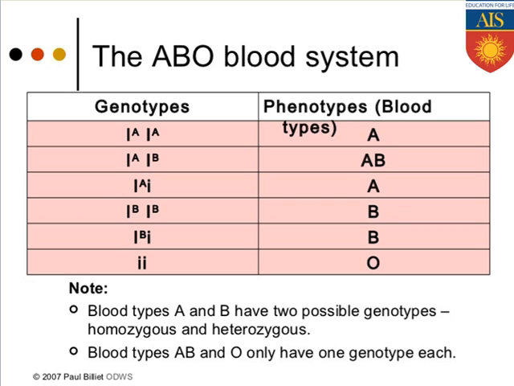If an individual has IBIB, their blood group will be B, homozygous B. If the genotypic configuration is IBIO, then their feature will also be B. And if the genotypic configuration is IOIO, they will be considered an O blood group individual.